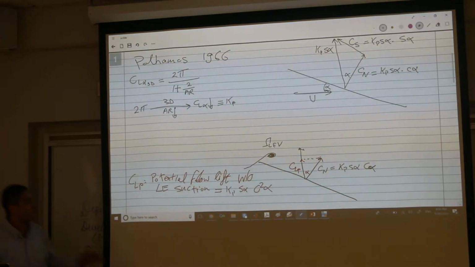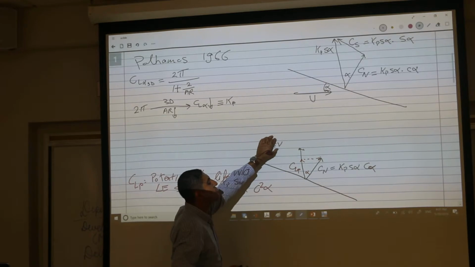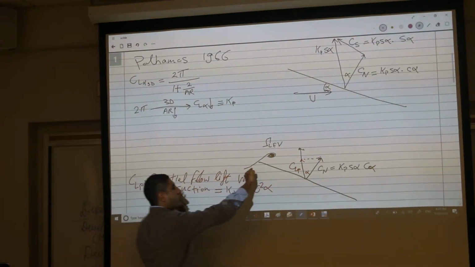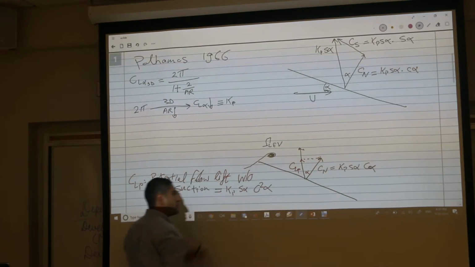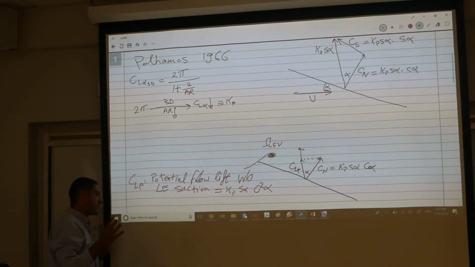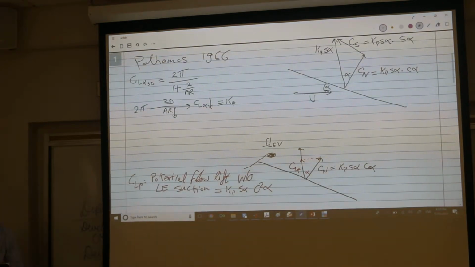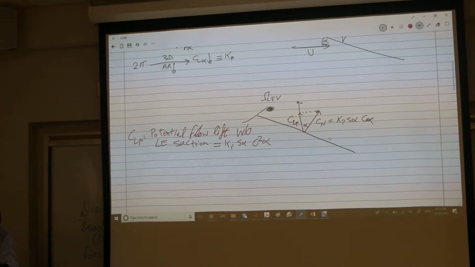What about the leading edge vortex? We need now the vortex lift. So this is what I get if there is a flow separation here at the leading edge and there is no vortex lift. But luckily there is vortex lift. How much vortex lift do I get? What Polhamus said was interesting in the following sense.